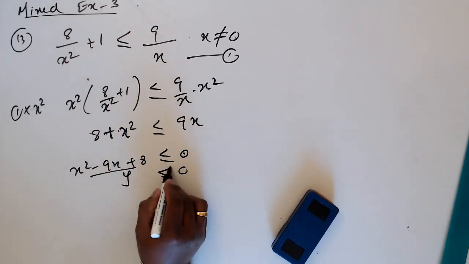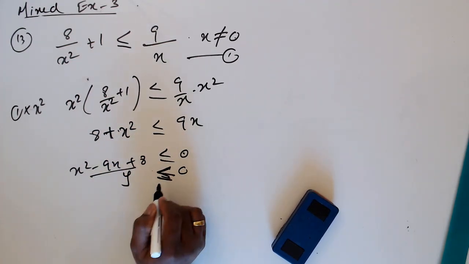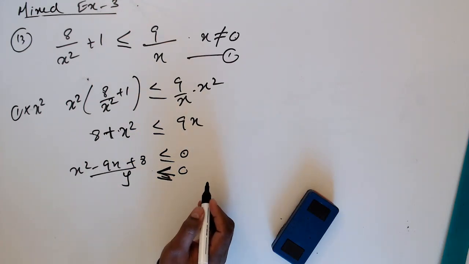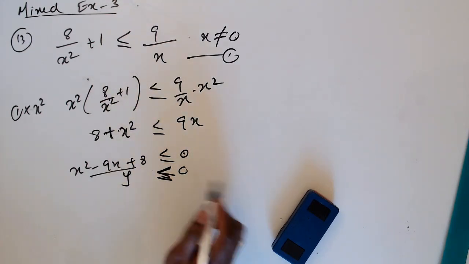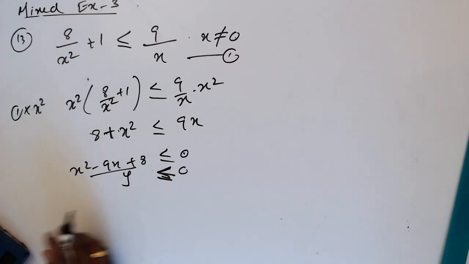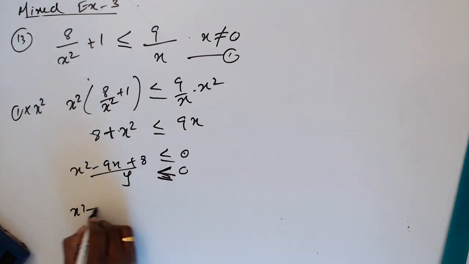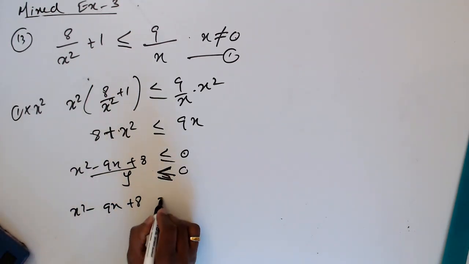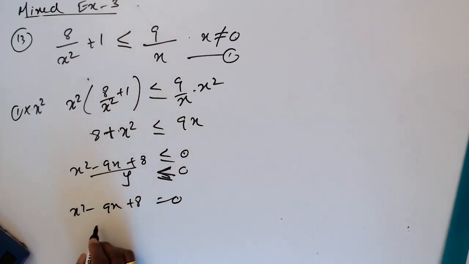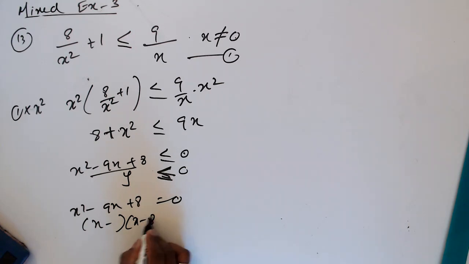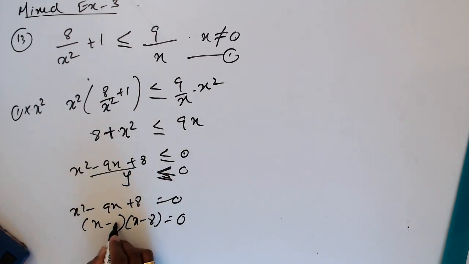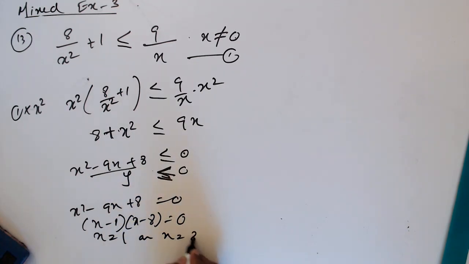So you want to find the area where y is less than or equal to 0 in the graph. So x square minus 9x plus 8 equals 0, for x minus 1, x minus 8 equals 0. And x equals 1, and x equals 8.